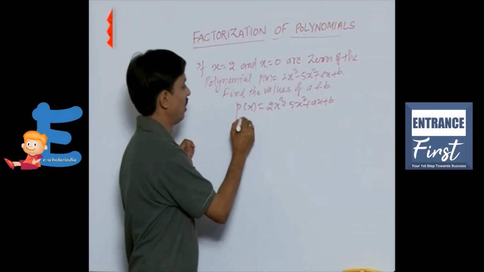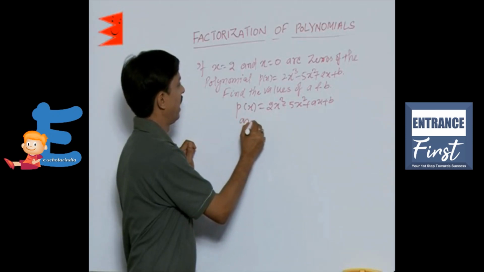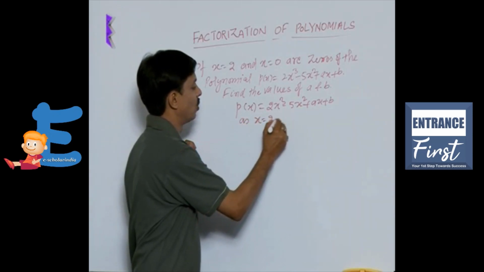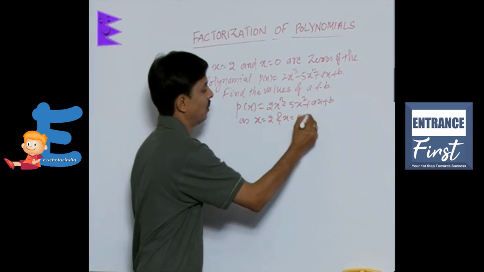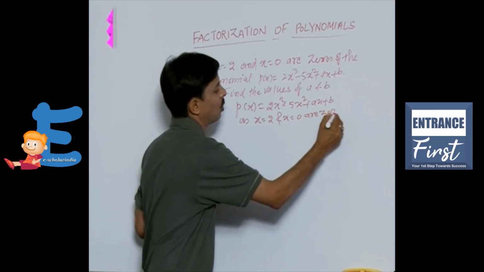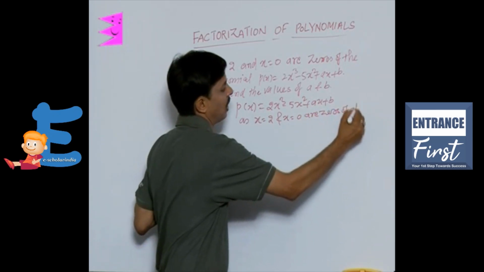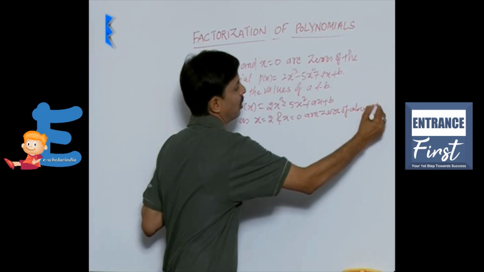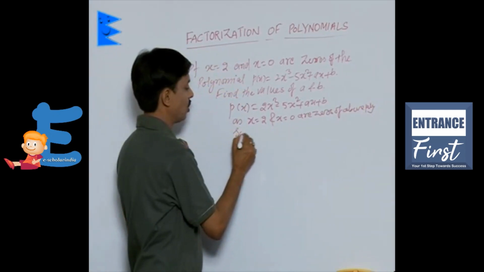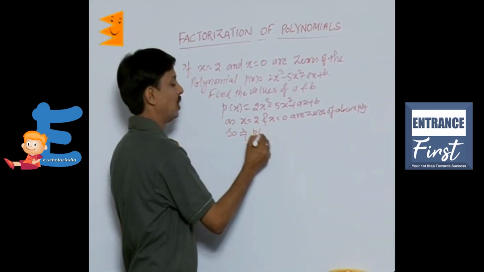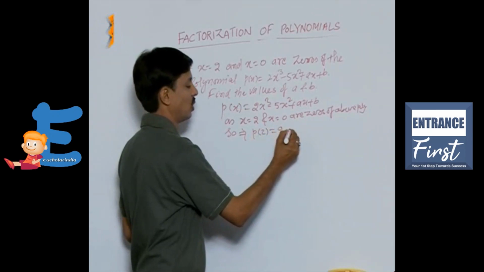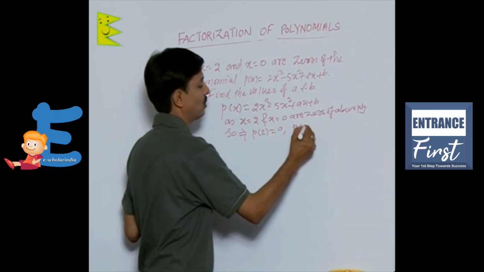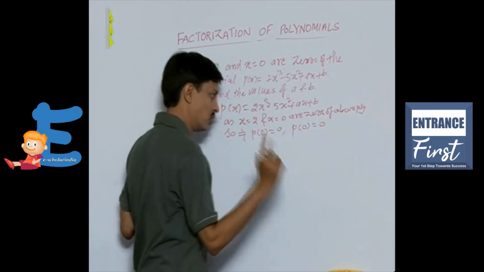So for that, first of all, as x = 2 and x = 0 are zeros of the above polynomial, this implies P(2) will be 0 and P(0) will be 0.